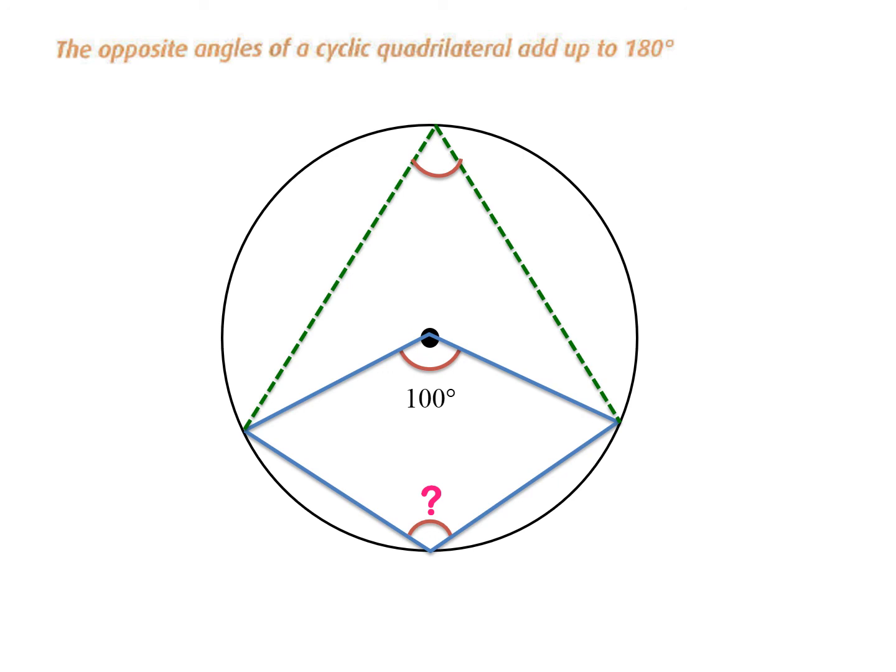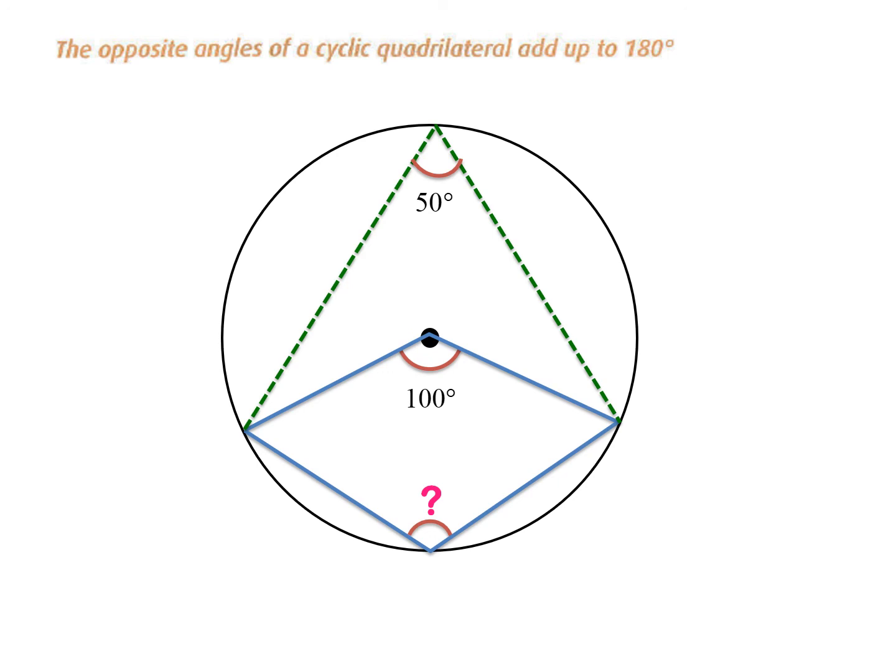Now do you agree we have a navigation shape? And we agree that the angle subtended to the circumference is always half of the angle subtended to the center. So it's 50. But that is not the answer. That is not what we are looking for.